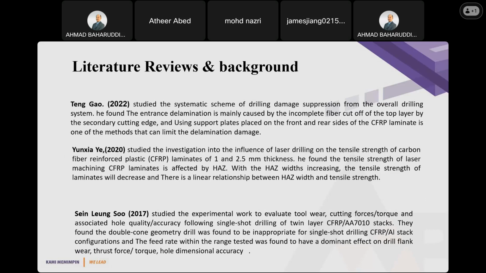From this study, he focused on the support plate, and in my study I will also use the support plate, and I will show previously what the benefit of this support plate is.